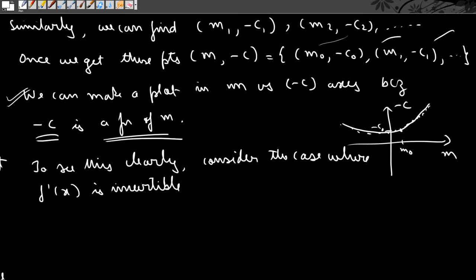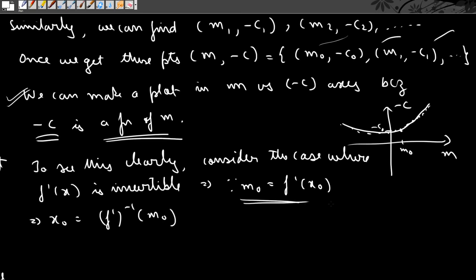Let us just consider this case to understand this better. If this is the case, since m naught is equal to f dash of x naught, this implies x naught is going to be f dash inverse of m naught, from this relation.